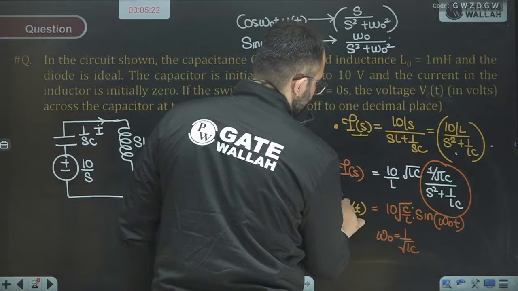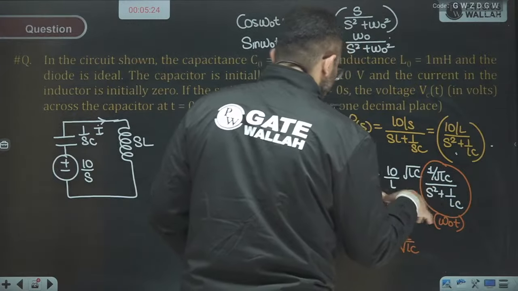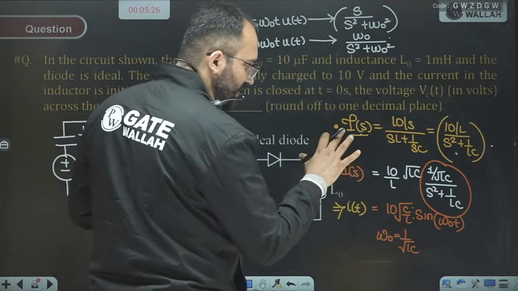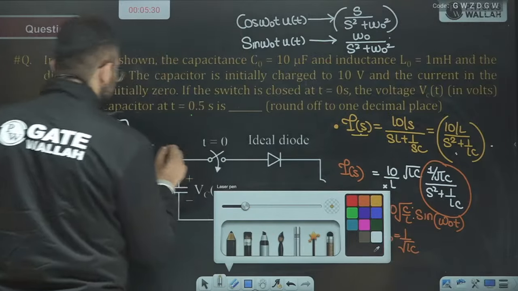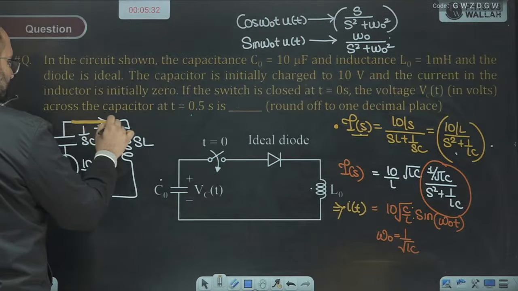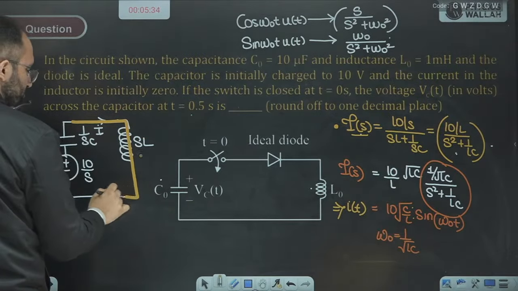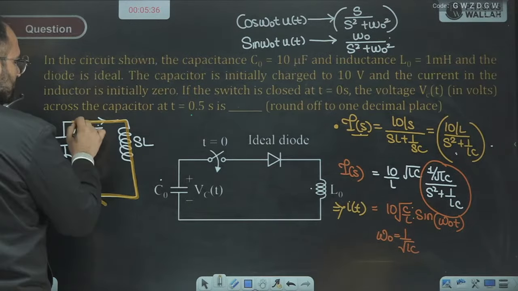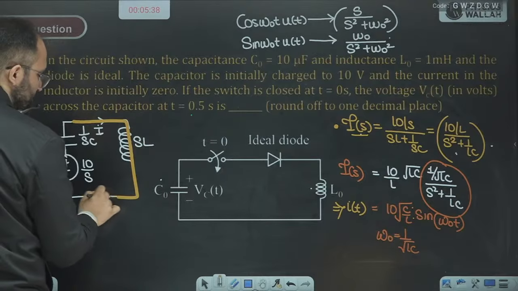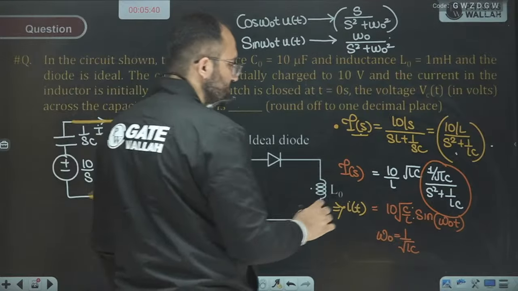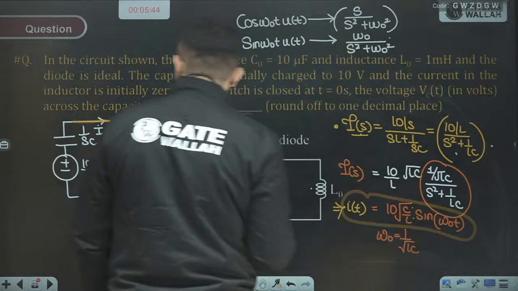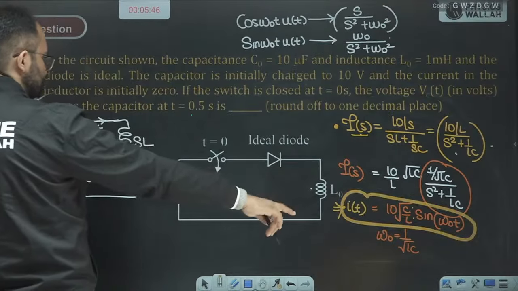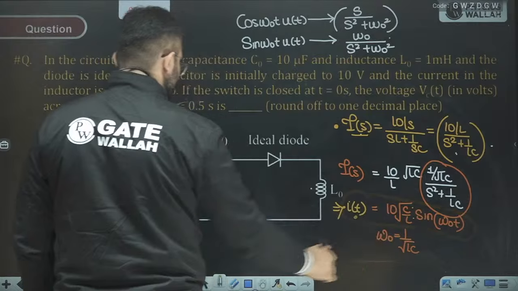This is the correct answer, because initially the inductor was uncharged, so the current has to be 0 at t equals 0 plus. So the current i(t) is perfectly fine.